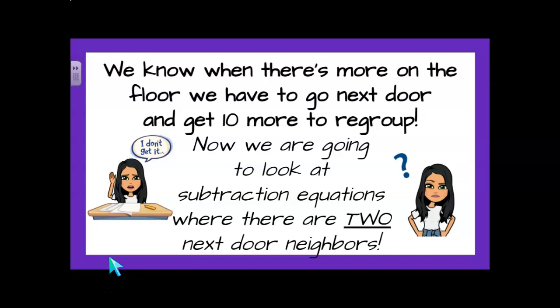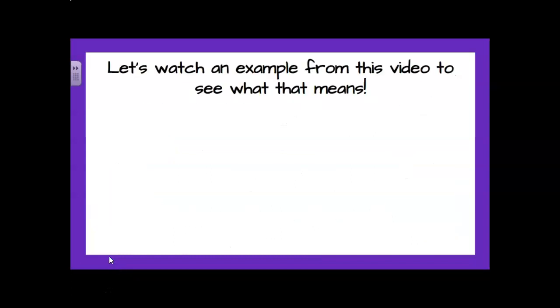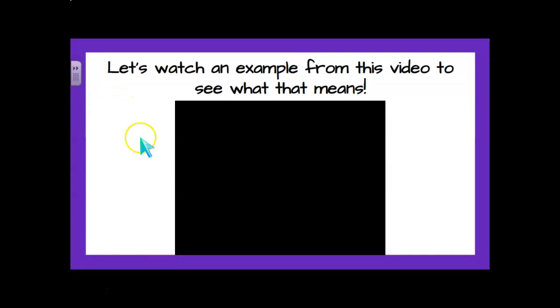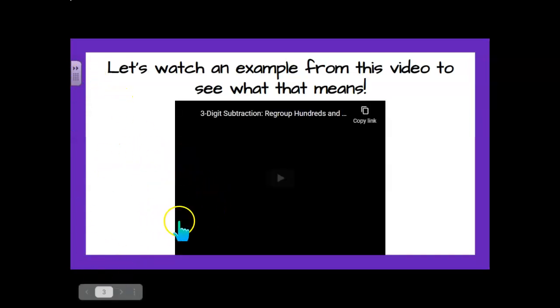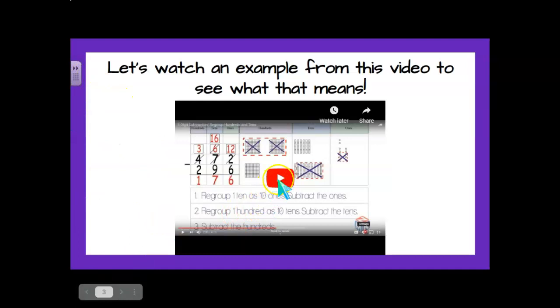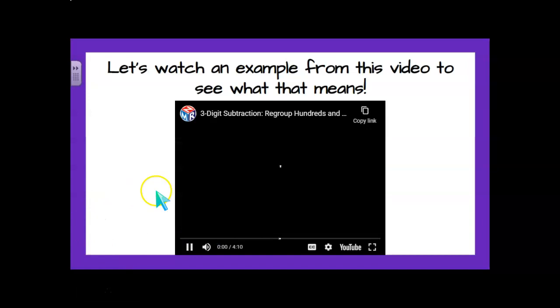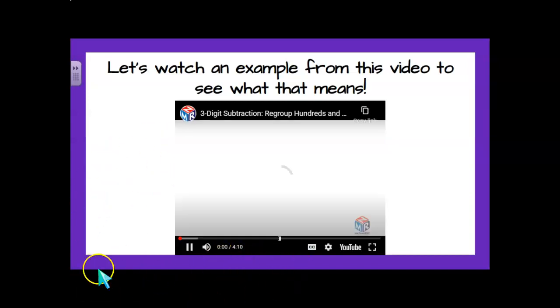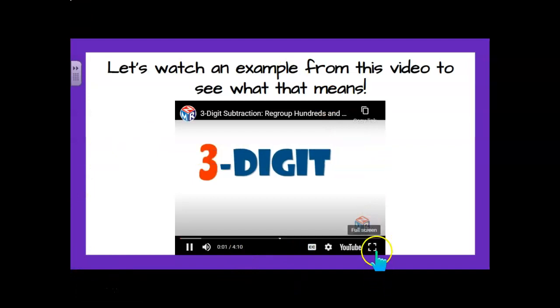Now we're going to look at subtraction equations where there are 2 next door neighbors. All right, let's watch an example from this video to see what that means. Three-digit subtraction.